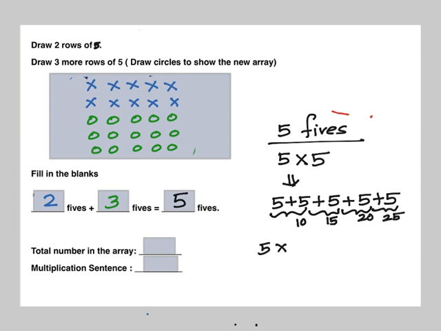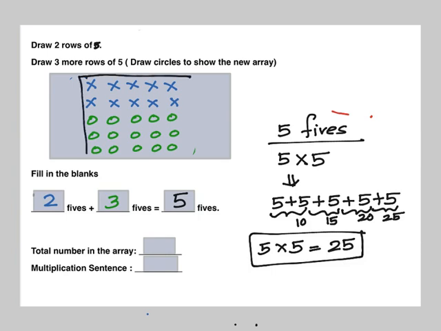So 5 times 5 equals 25. So the total number in the array is 25. And the multiplication sentence is 5 times 5 equals 25.